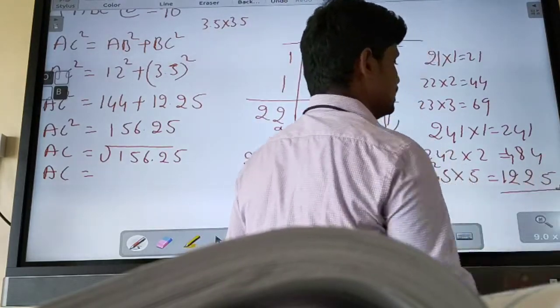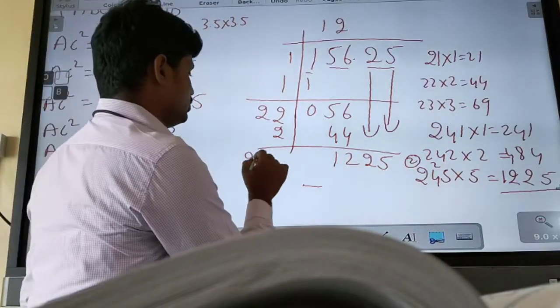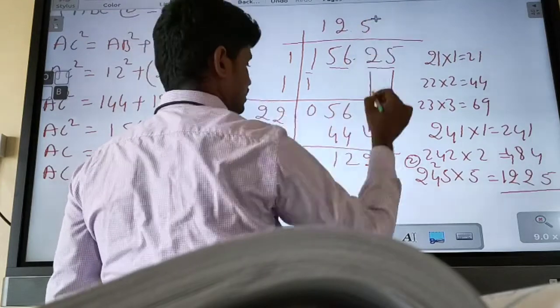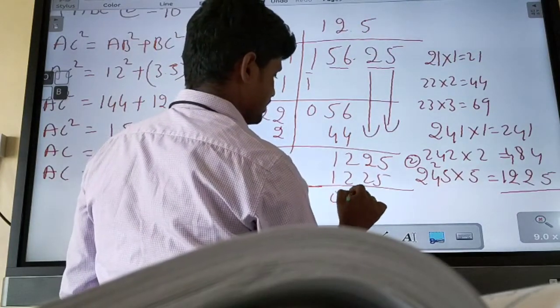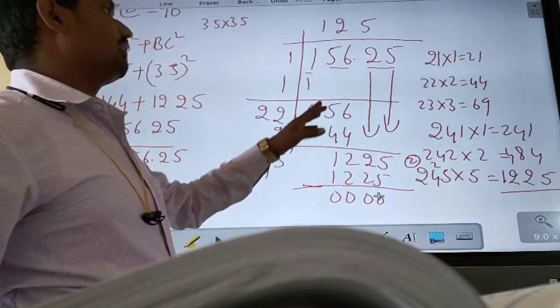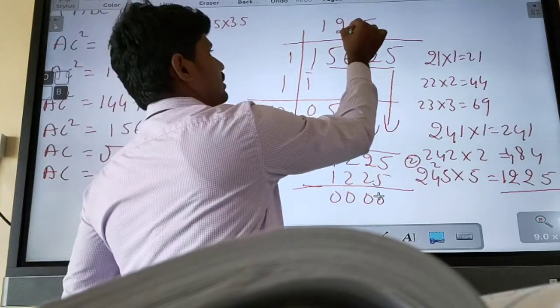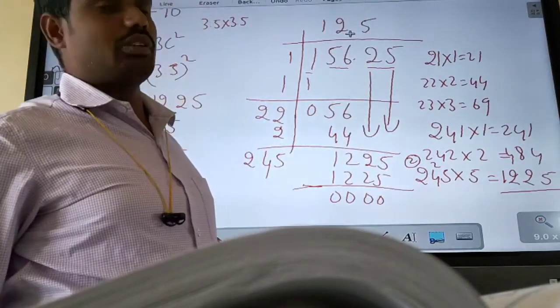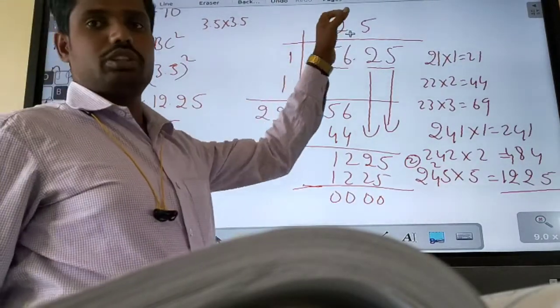What is the answer? 1225. One thing, children: after you take the digits past the decimal point, you should put the point. The answer is 12.5. The square root of 156.25 is equal to 12.5.